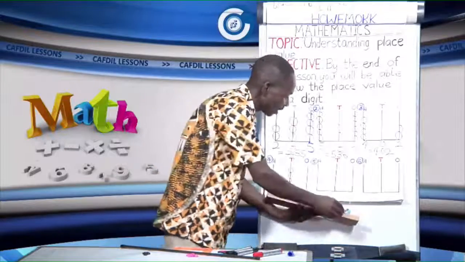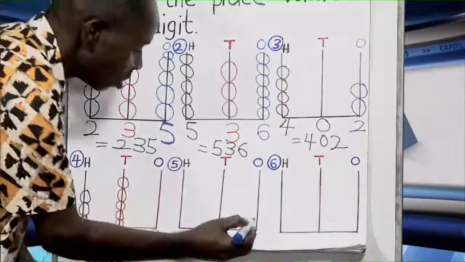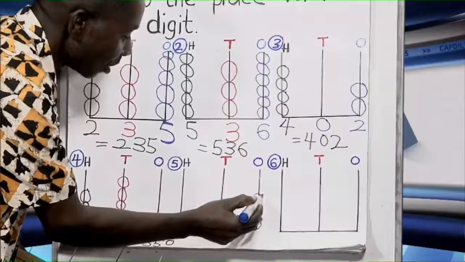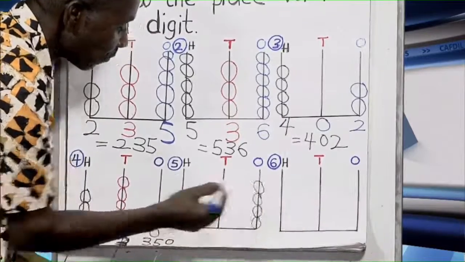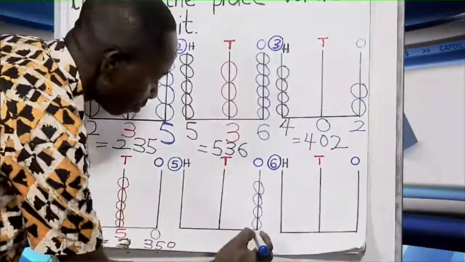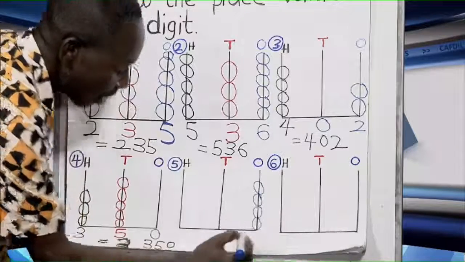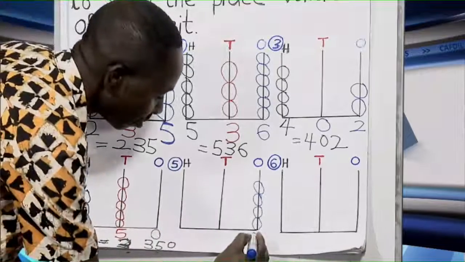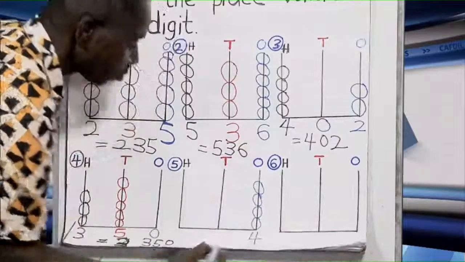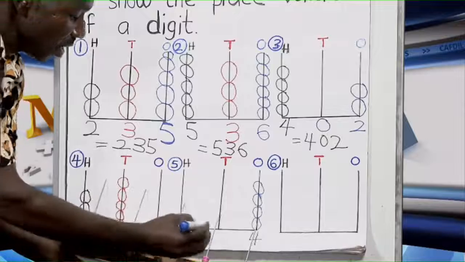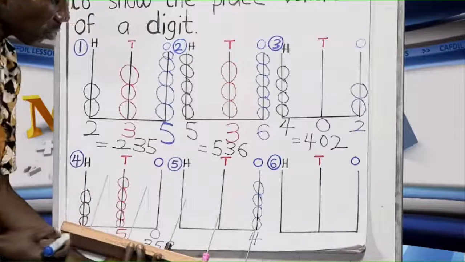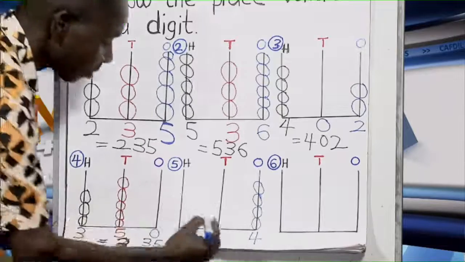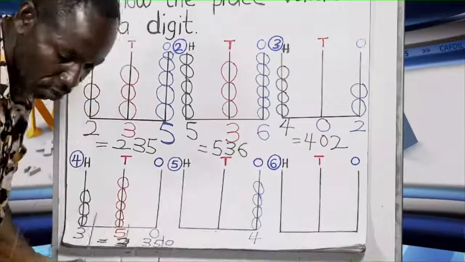So over here, I have under the ones, I have 4 beads. So 1, 2, 3, 4. What do you think I have to write here? 4, good. So I have 4. And then the tens column, what shall we have? 4, well done.